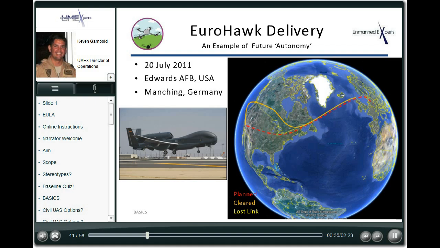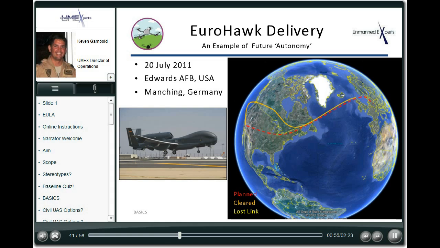So the aircraft is leaving Edwards Air Force Base due to Manching, Germany, and it was planned to fly over the States and then cross the Atlantic and then get handed over to the operators who were in Germany and fly down through Scandinavia and past Denmark. So that was what it was planned for.